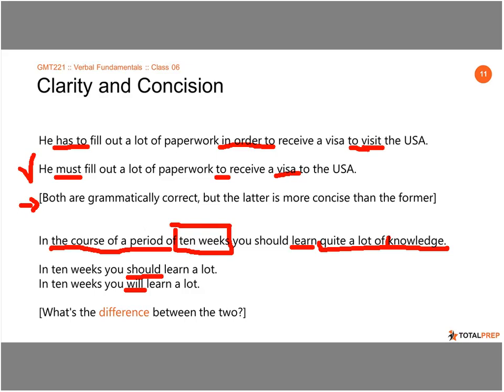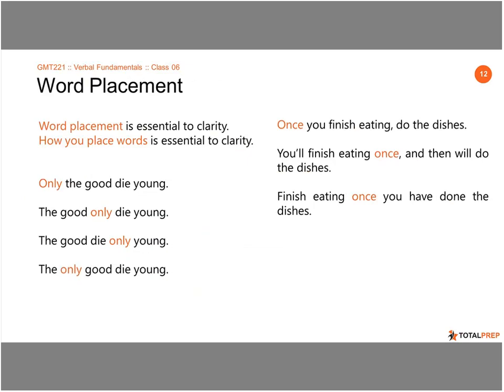So you will learn, no doubt about it. However, there's not so much pressure. And your parents saying, in 10 weeks you will learn a lot because I'm paying. So your parents are paying for that, and you would understand that somehow it will happen. The future will happen. So basically, it's related to meanings.